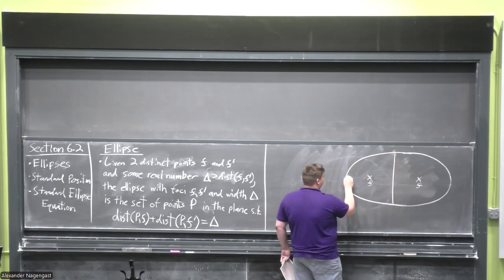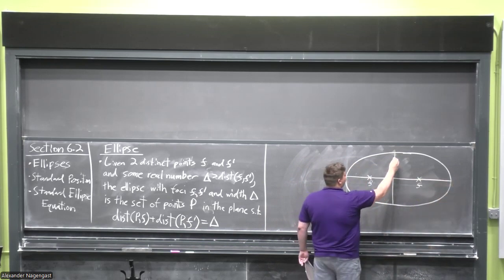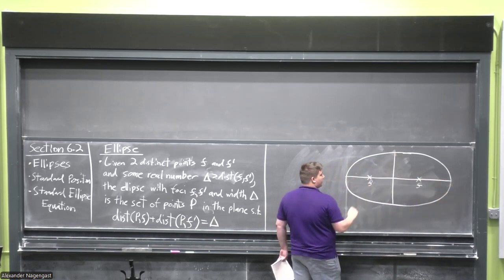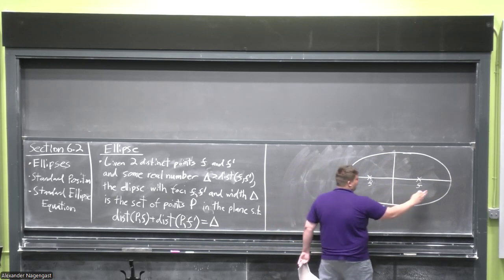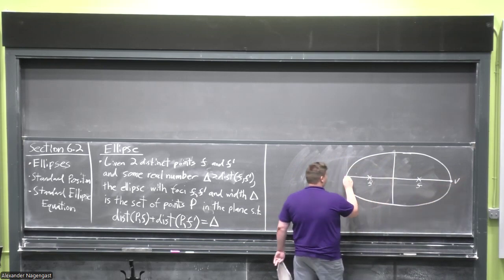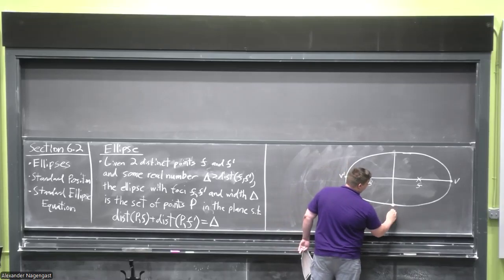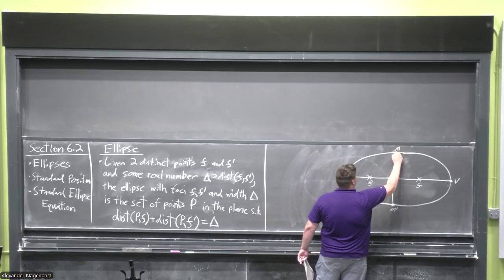Well, it doesn't necessarily have to be vertical. Let me just draw these. And for the larger distance between this point and this point, we'll call these the vertices. So we'll call V and V prime. And the others we'll have M prime and M.